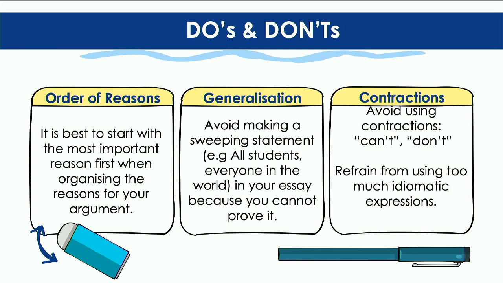For example, sentences that start with "all students hate homework," or something that sounds like "everyone in the world," "everyone in my class," something that is blanketing the whole thing, because you cannot prove it. You cannot prove that every single person or every single student in your school agrees with you. Okay?